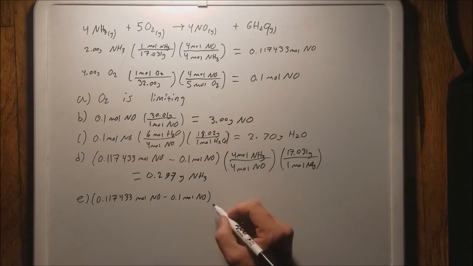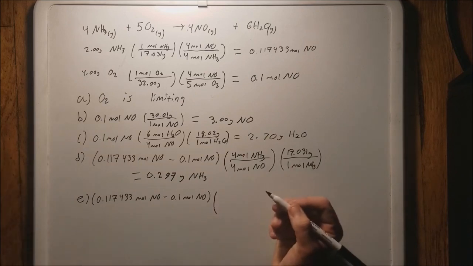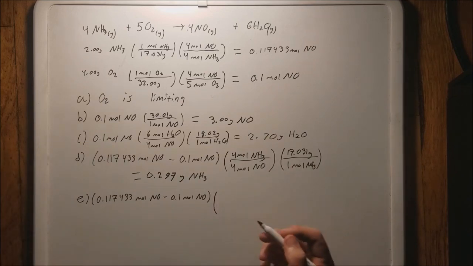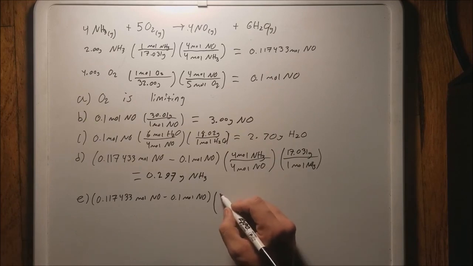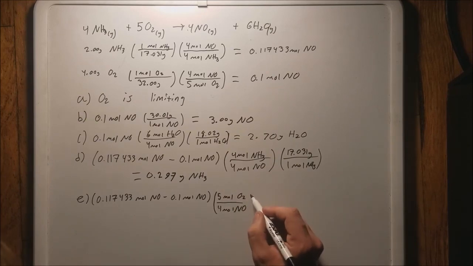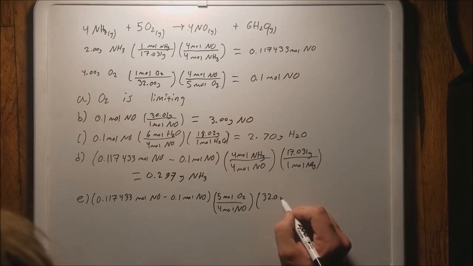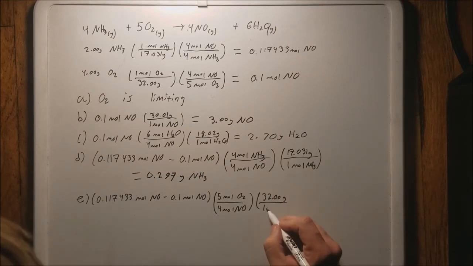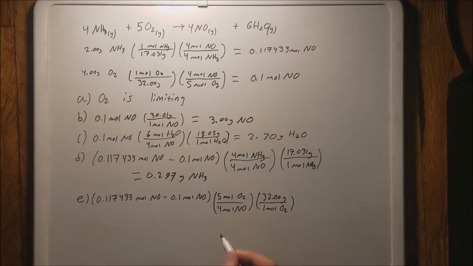Once we have this difference, we need to convert this back into the moles, or in grams, of oxygen. And once we have this, we get our answer, 0.697 grams of O2. And there you have it.